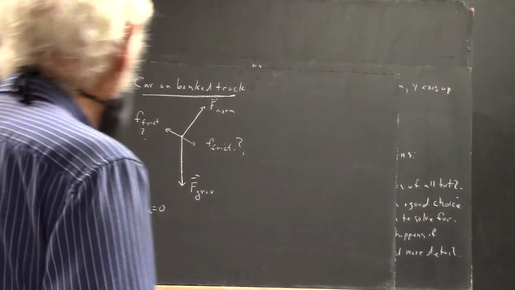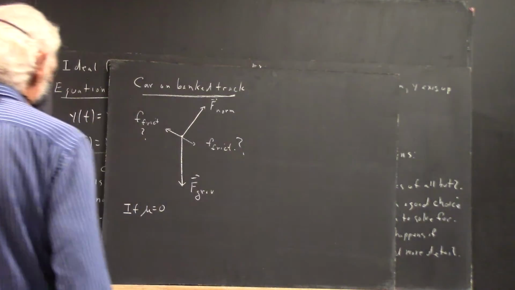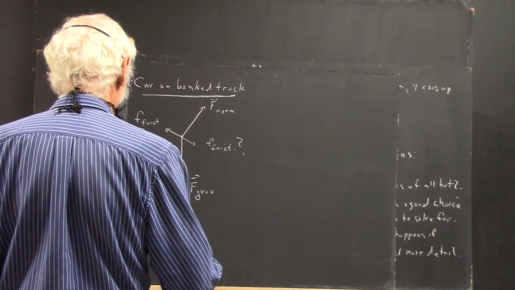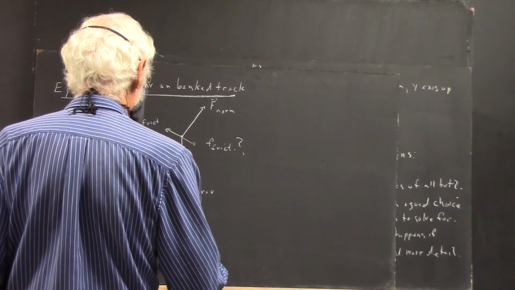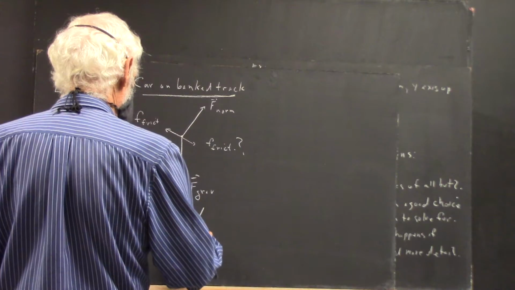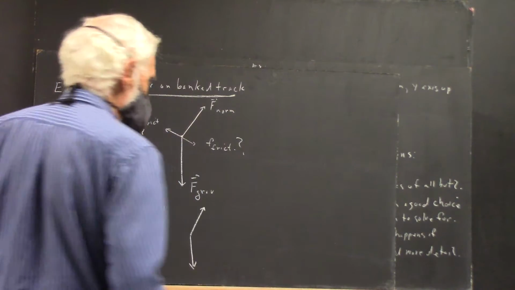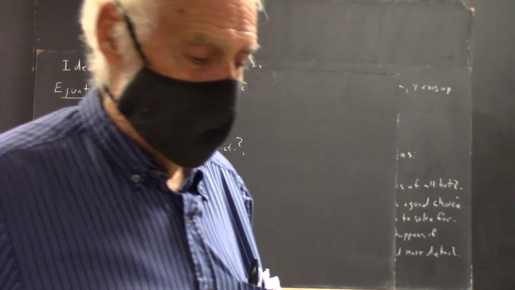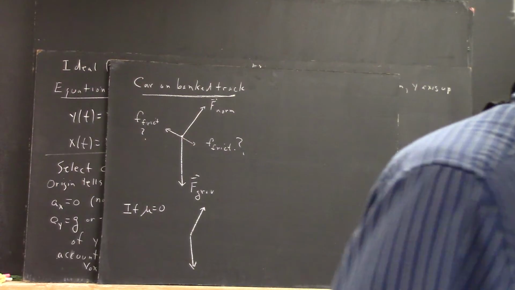So it doesn't really matter which it is. I think the book talks about a very icy track. Now you do have friction between tires and ice. The coefficient of friction is sometimes even less than 10%, so you don't have a lot of friction.